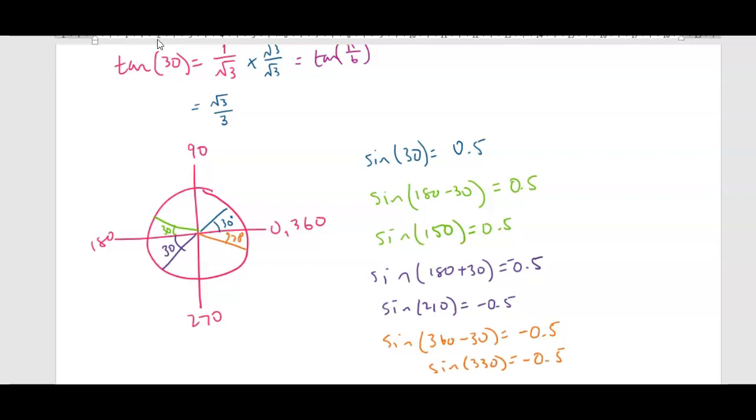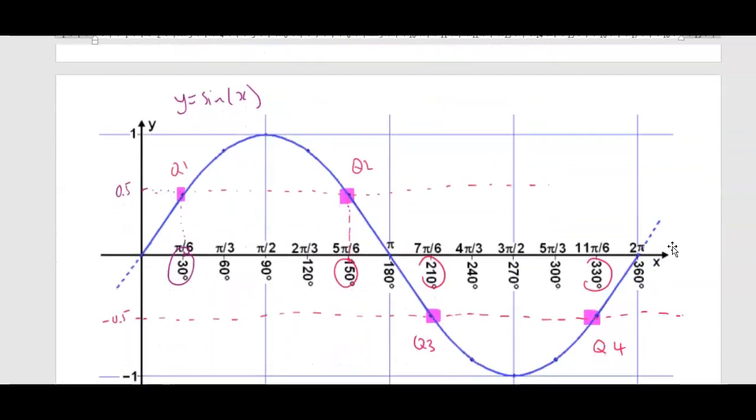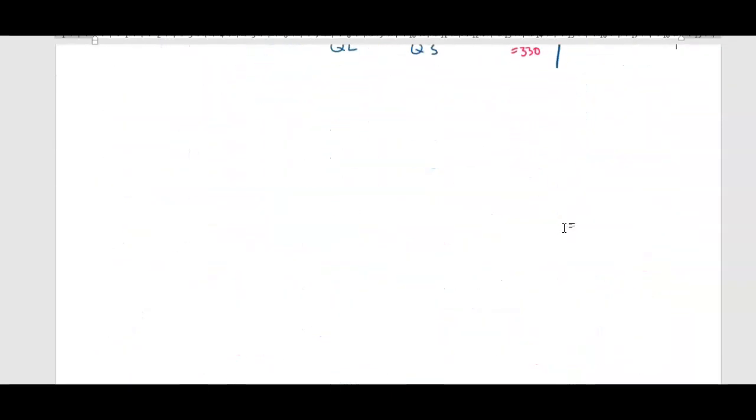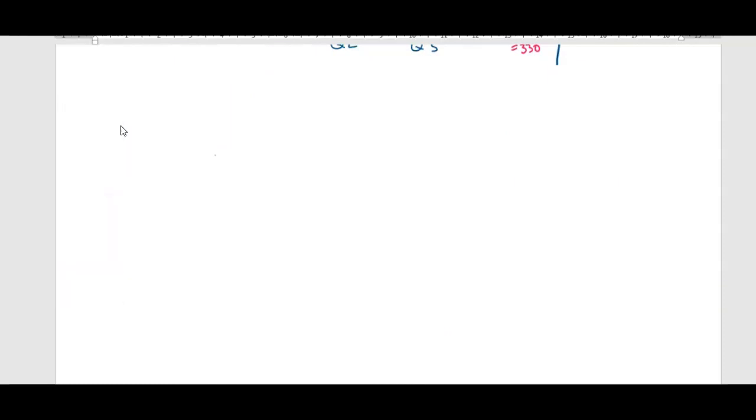It's good practice to convert these into radians. I'm going to leave that because I feel like we've done that for a bit now, but I'm going to just quickly do the reference angle 60 degrees. Okay, so you can pause here if you're getting the hang of it, but let's just do the reference angle of 60.